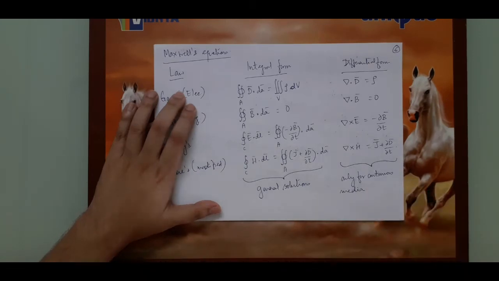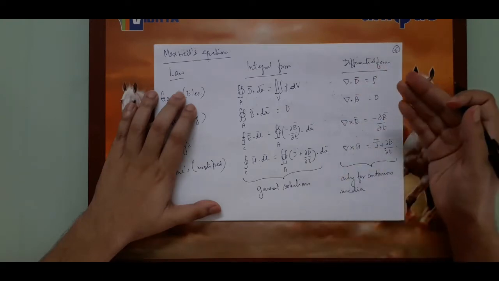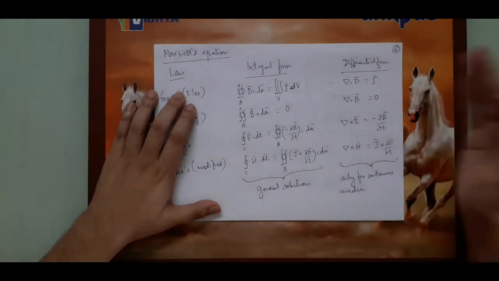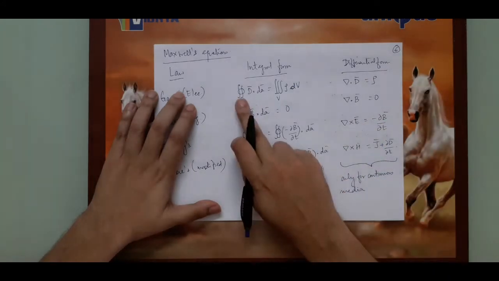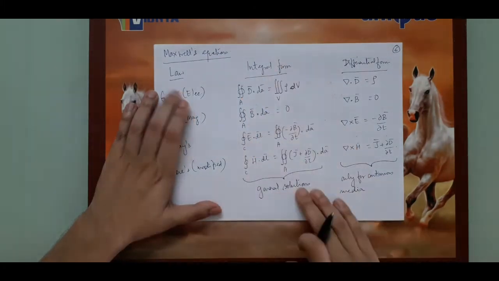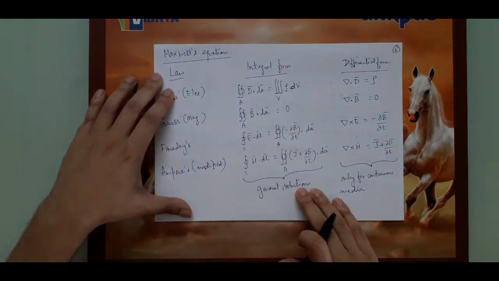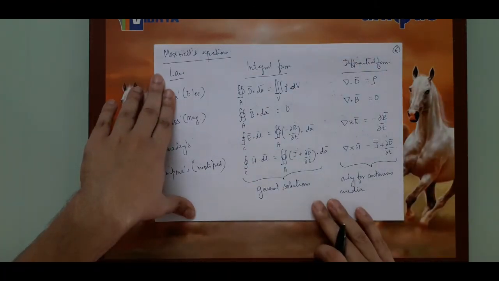Because if there is some discontinuity, the derivatives don't have any manner through which you can define that discontinuity if I am going from medium 1 to medium 2. But by carefully changing the limits in the integral forms of these equations, you can use these integral forms in non-continuous media also.